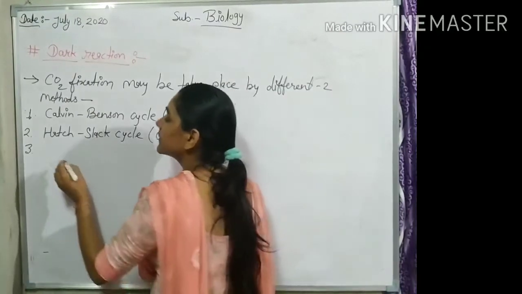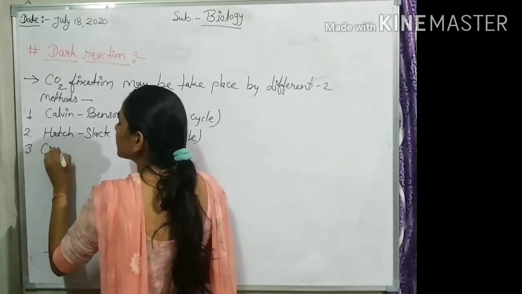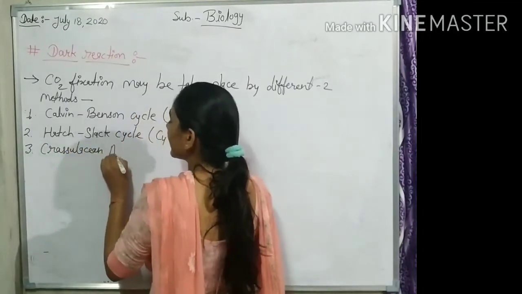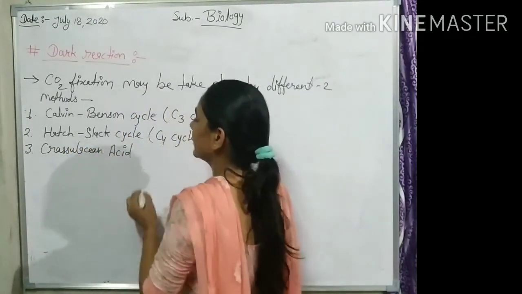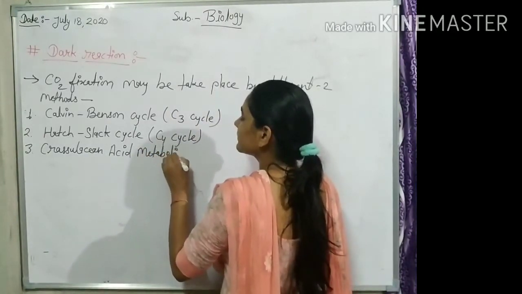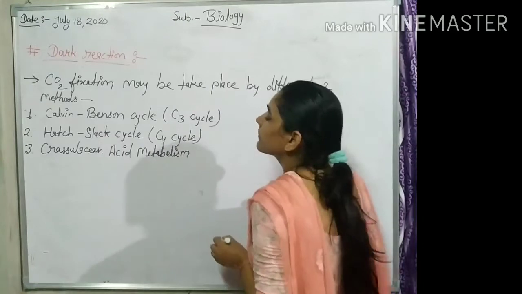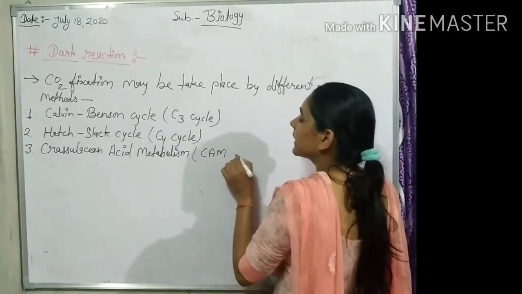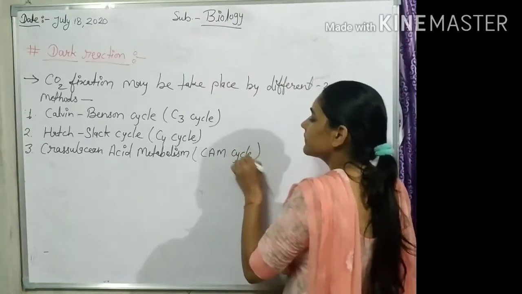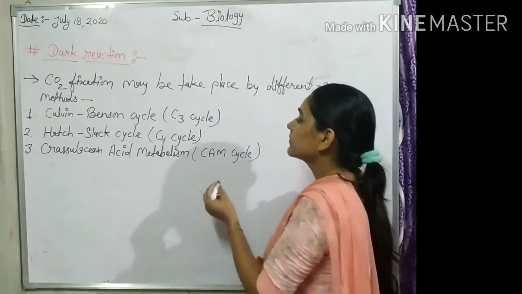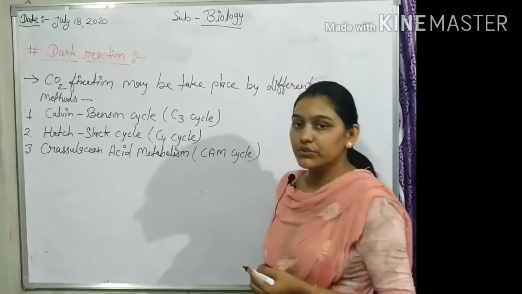And third, crassulacean acid metabolism, it means the CAM cycle. So there are 3 cycles in plants for CO2 fixation.